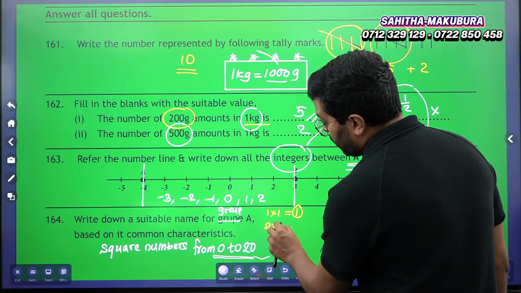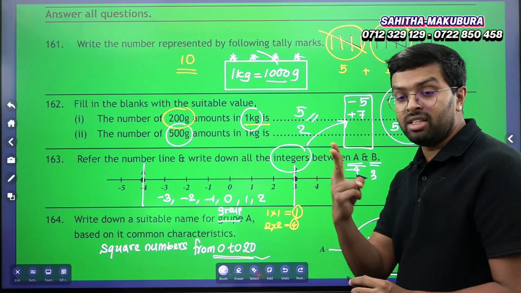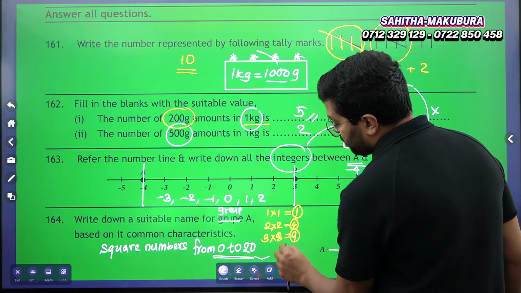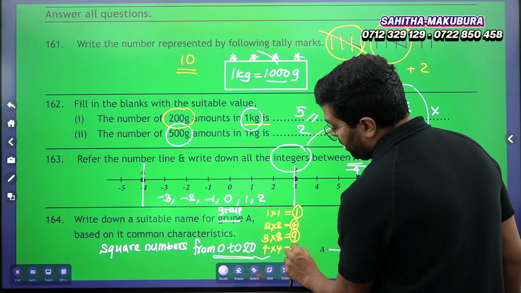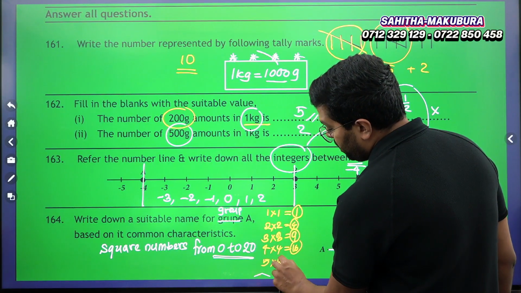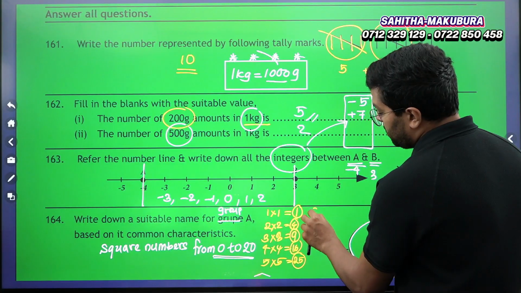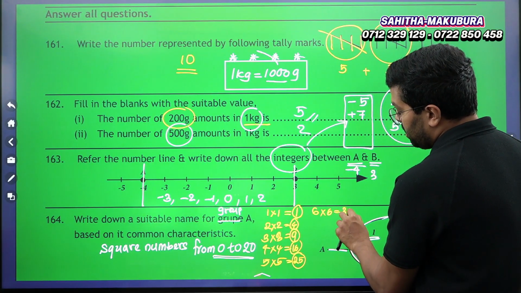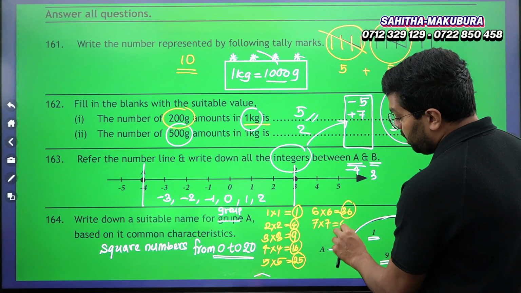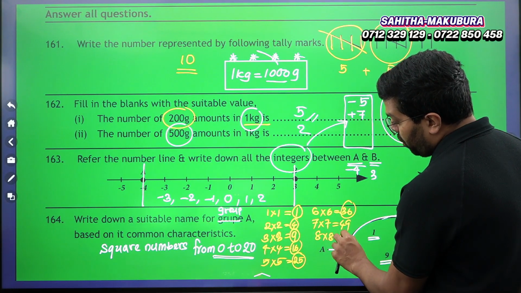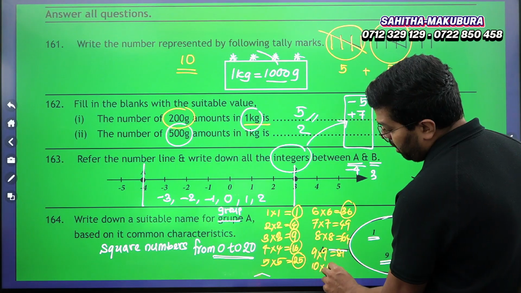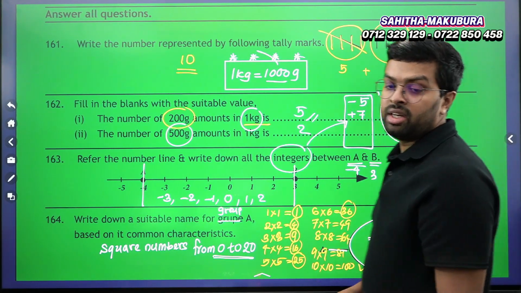Then 2 times 2 is 4, the second square number. 3 times 3 is 9. 4 times 4 is 16. 5 times 5 is 25. 6 times 6 is 36. 7 times 7 is 49. 8 times 8 is 64. 9 times 9 is 81. 10 times 10 is 100. So these are the first 10 square numbers.